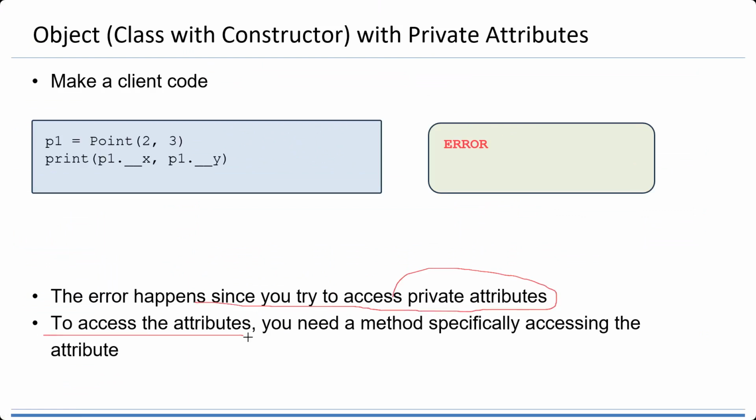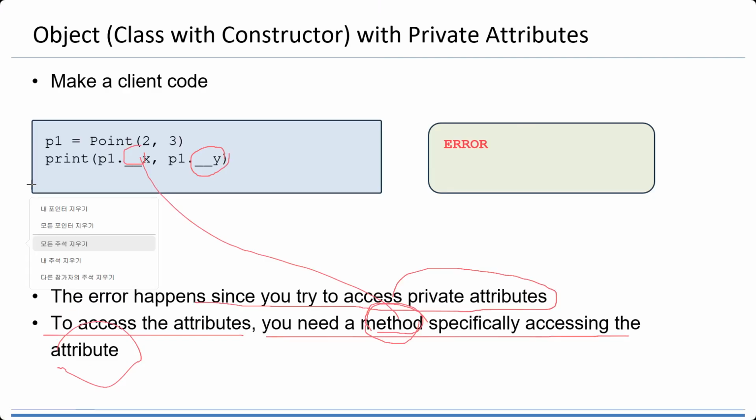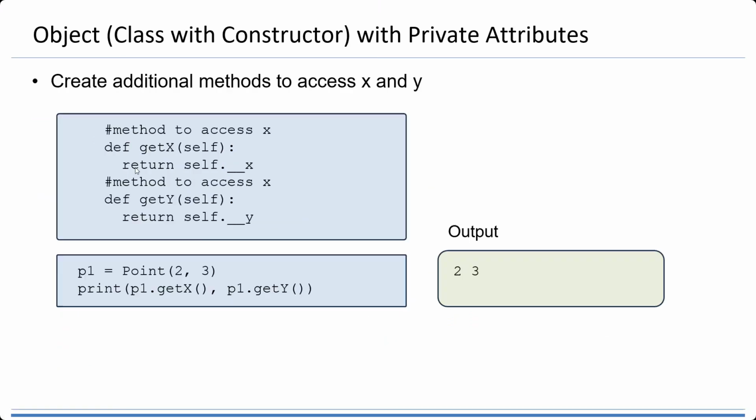To access the attributes, you need a method specifically accessing the attribute. So you need to make a method particularly to access underbar x, and you need to have a method to particularly access underbar y. You can access those two variables inside the class. So in this case, I'm using def get x.